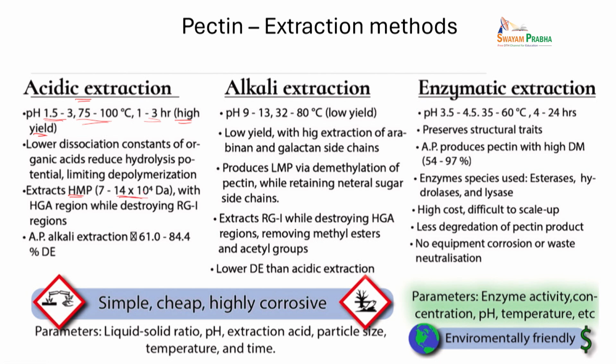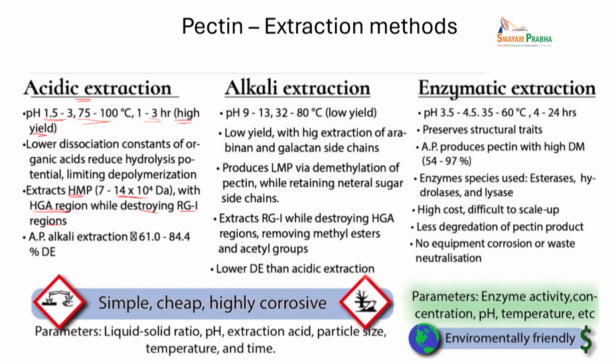You can see that the molecular weight can go from 10^4 to 10^5 daltons, and in this particular acidic extraction, you predominantly get the homogalacturonic acid, which is a linear smooth region, while you destroy most of the amorphous rhamnogalacturonic region.